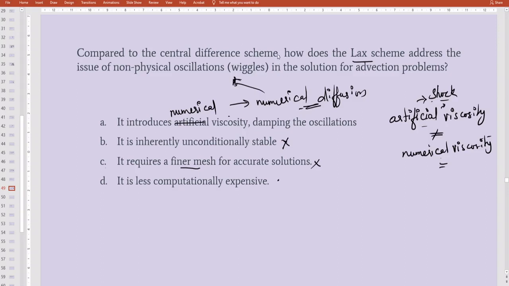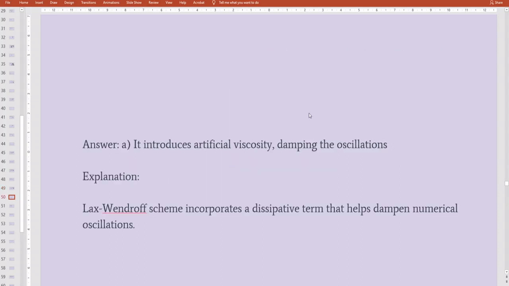So the disadvantage of the scheme can be used wisely to solve another issue. So our option is option A. It introduces numerical viscosity or numerical diffusion, damping the oscillations.